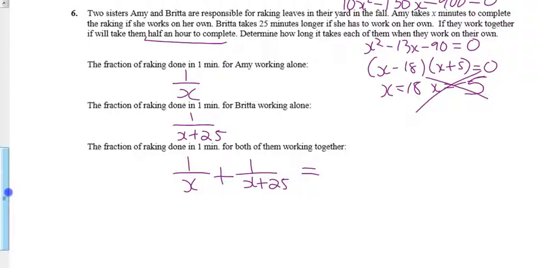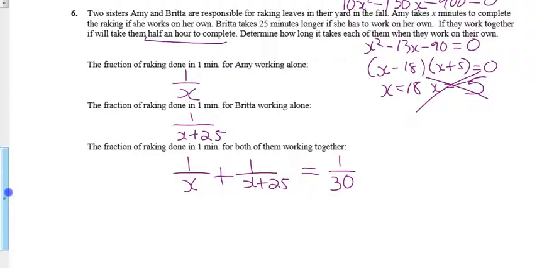You don't know how long it took them on this, but together they can do it in half an hour. So 1 over 30, right? If you can do it in half an hour, each minute you're doing 1/30th of the work. And 1/30 plus 1/30, and so on, you do that 30 times, you get 30 over 30, or 1. You've completed the whole job.